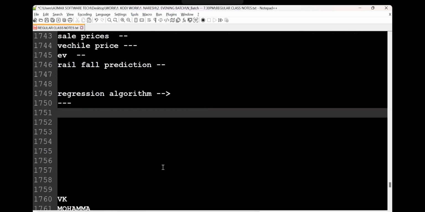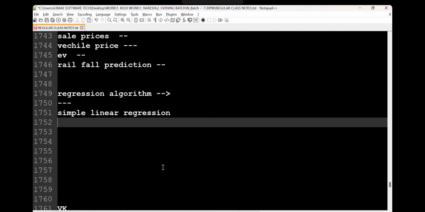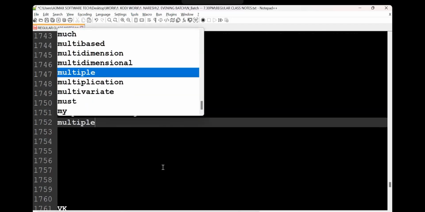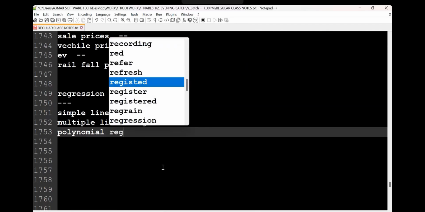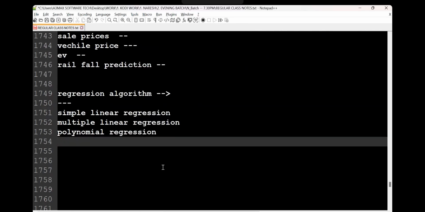What are the regression algorithms? The first algorithm is simple linear regression. The second one is multiple linear regression. The third one is polynomial regression. The fourth one is gradient descent.